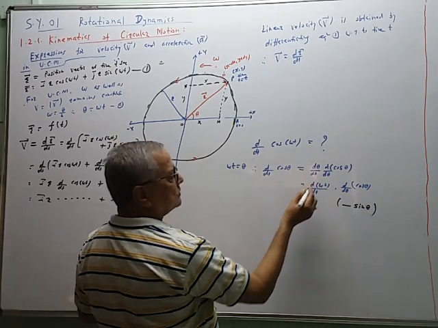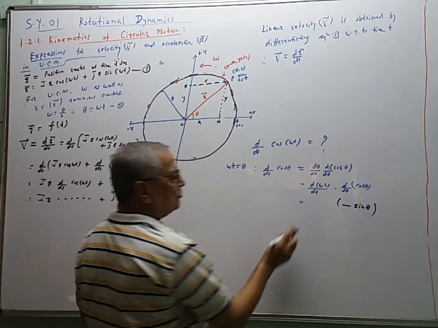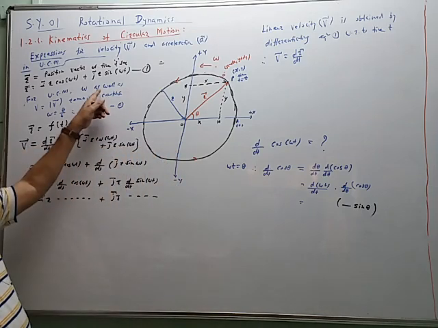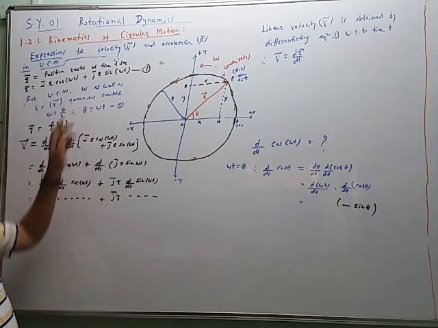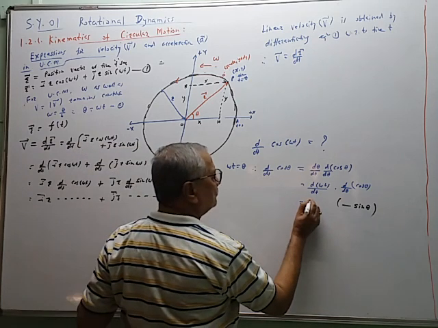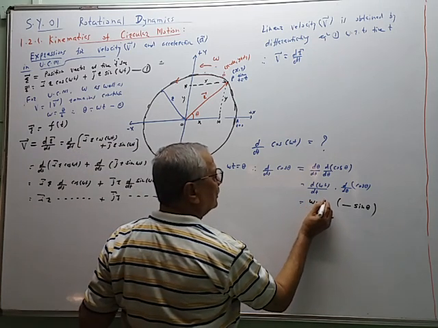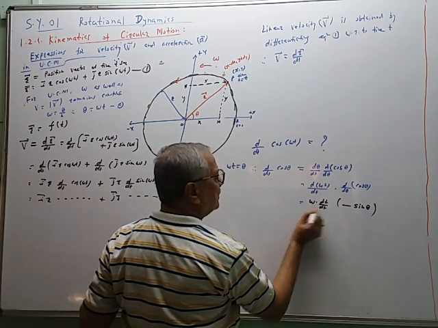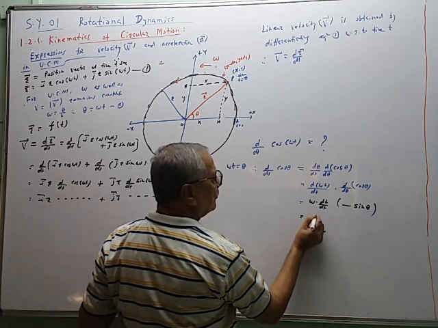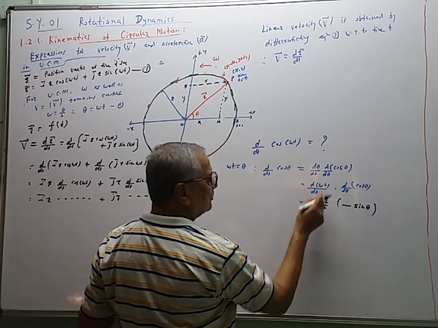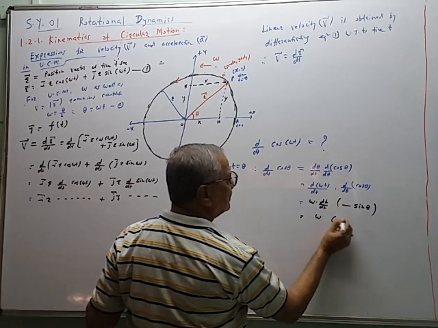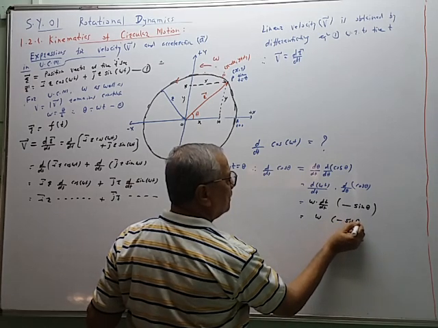And now on this side, omega is constant, independent of time t. Why? Because the motion is UCM. So omega is constant, into the derivative of t with respect to time t. So dt upon dt is equal to 1. So omega is the derivative of the first part and minus sin theta is the derivative of the second part.